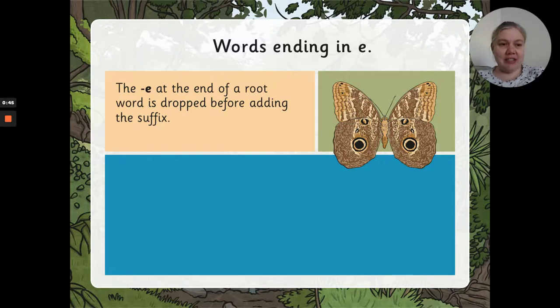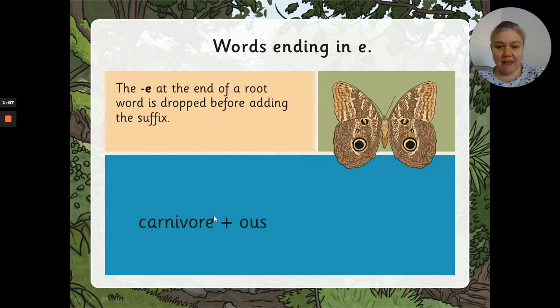So some of the rules that we need to follow are very similar to the rules that you've learnt for other suffixes in previous spelling sessions. So the first one we're going to look at is what happens when a word ends in E. Well, if a word ends in E, I need to take it off before I can add the OUS suffix onto the end of the word. So for example, my word here is carnivore.